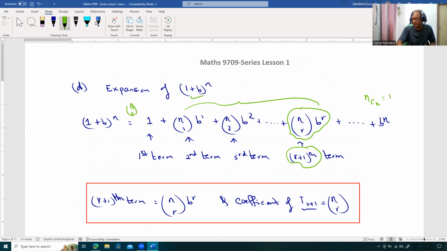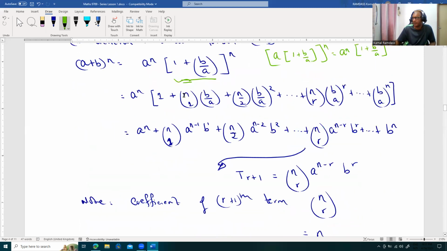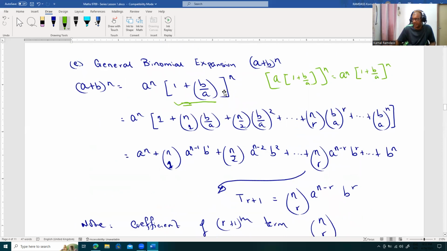Et comme ça, mon capable expand ça. 1 plus b over a to the power of n into 1 plus nC1 b over a plus nC2 b over a to the square plus nCr b over a to the power of r plus b over a to the power of n.